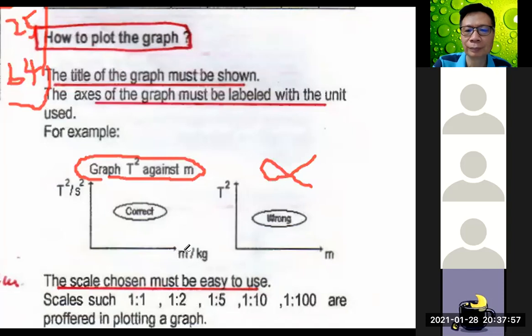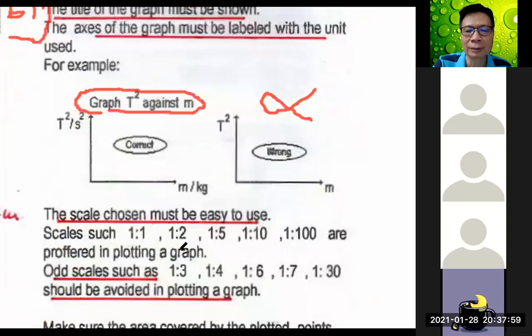Okay, next. The scale chosen must be easy to use. For example, choose 1 to 1, 1 to 2, 1 to 5, 1 to 10, or 1 to 100. What is the meaning of 1 to 1, 1 to 2, 1 to 5, 1 to 10? 1 to 2 means on the graph paper, 1 cm represents 2.